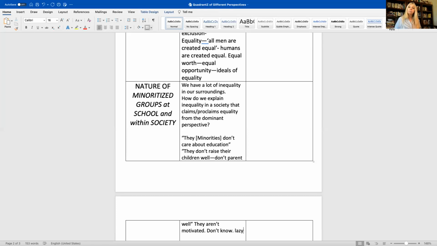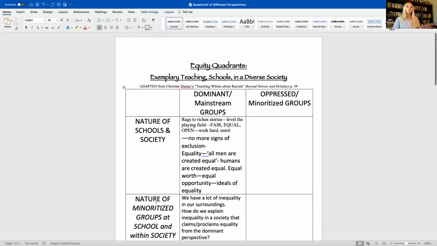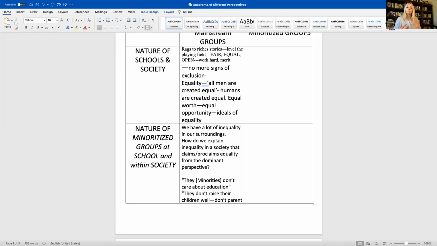So how do they explain this? They point to the people themselves, right? They're lazy, they don't care about education, they don't parent well, they have no goals, whatever it is. That, from the dominant perspective, is the nature of minoritized groups and inequalities. I'm not saying you believe that. What I'm saying is, from the dominant perspective, that's kind of the justification. Because if you don't have a justification, you would have to start picketing.